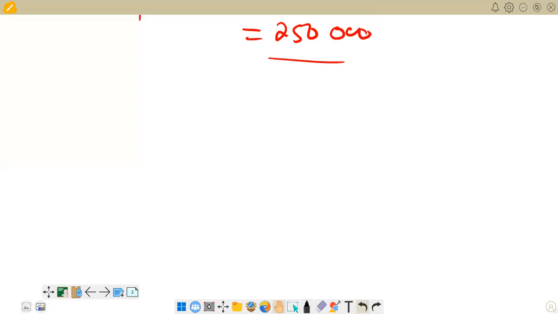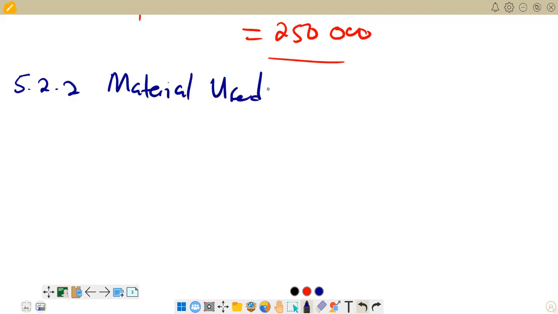So we are now on 5.2.2. And we are saying we want material used. So we are adding the material that we issued, 300,000 plus 100,000. Then the total, we said we subtract the one that was returned.